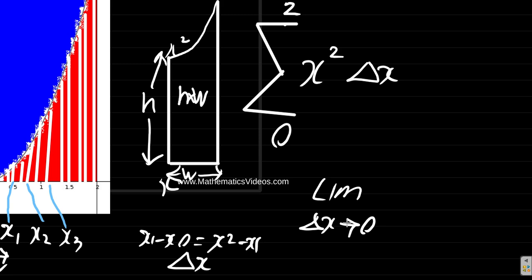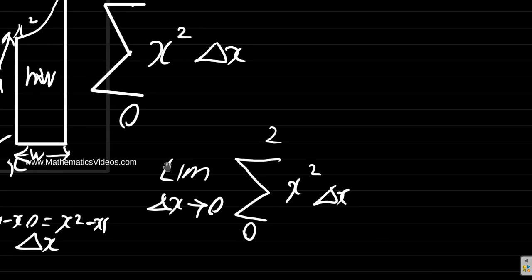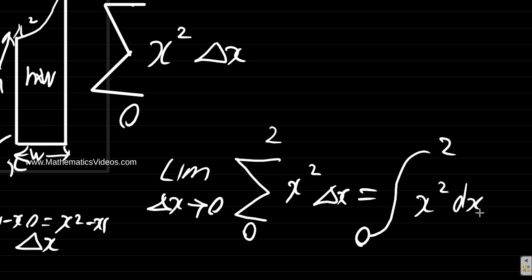As the number of rectangles approaches infinity, the width approaches 0. So the limit, as you sum from 0 to 2 of x squared delta x, is equal to, the symbol I use now is this, the integral sign from 0 to 2 of x squared dx.